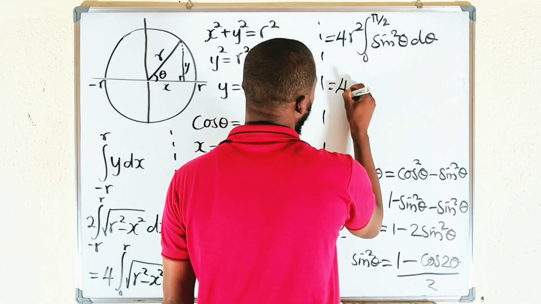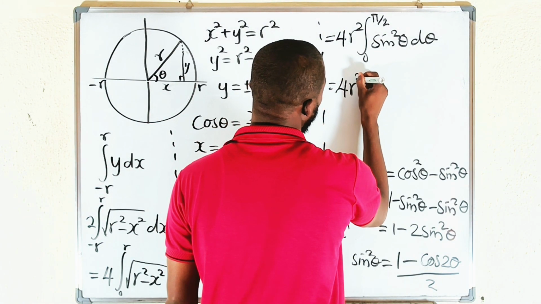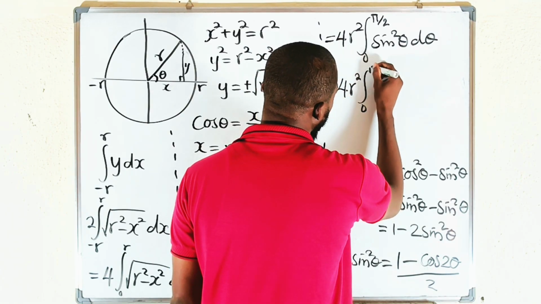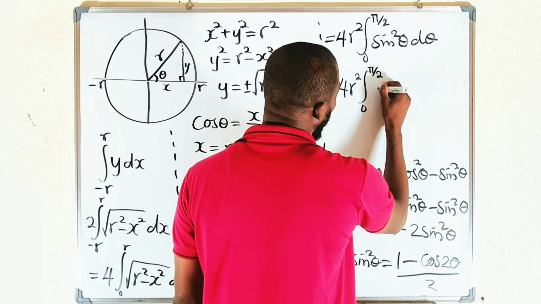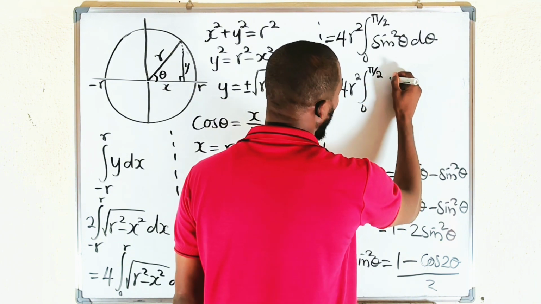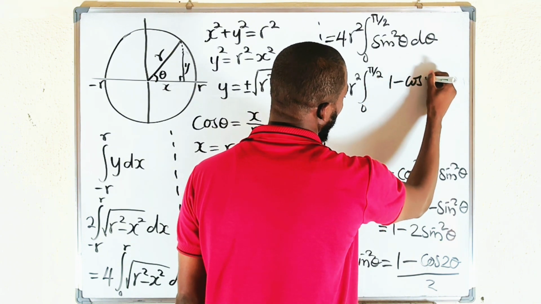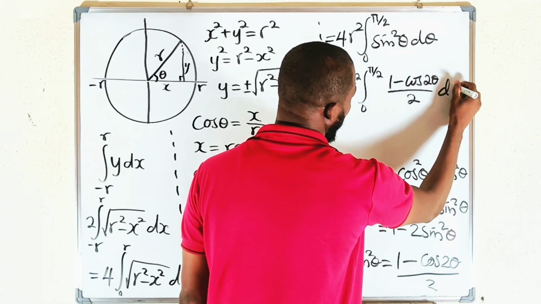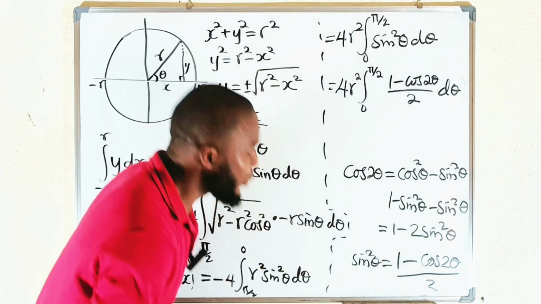This is equal to 4r squared multiplied by the integral from 0 to pi over 2 of 1 minus cos 2 theta divided by 2 d theta. All right, we are progressing.